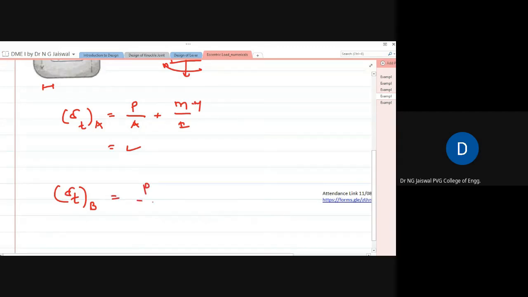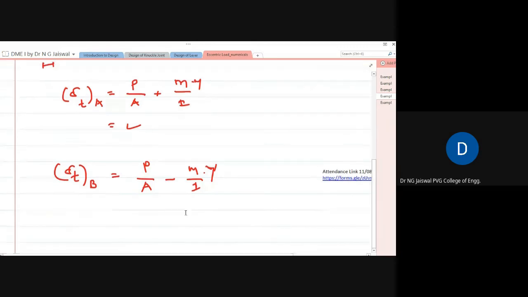This will be equal to P by A minus M upon I by y. Of course, this answer may be negative or positive, depending on the individual values of these two stresses.